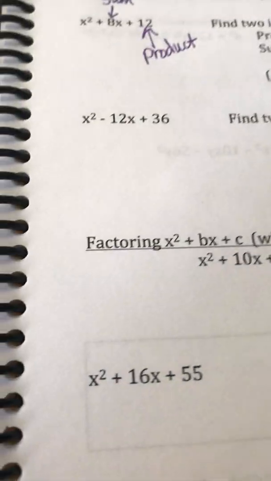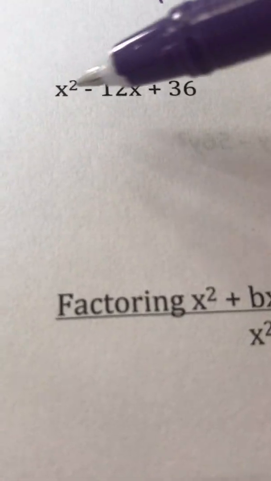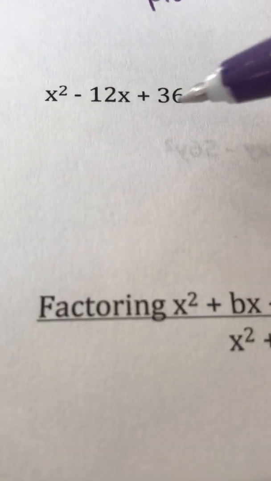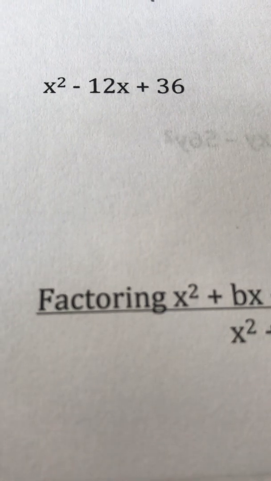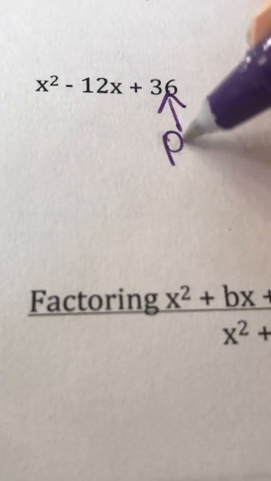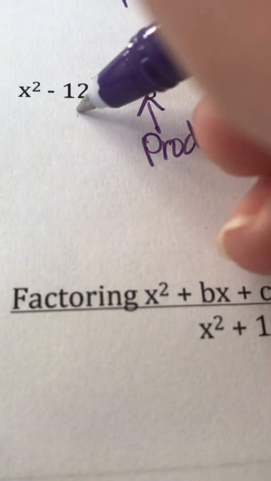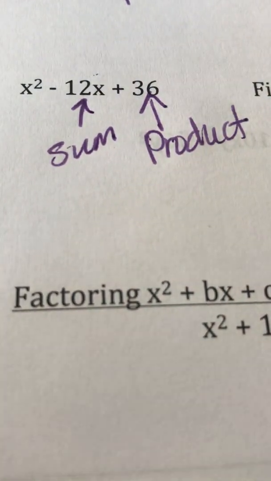Okay, now let's look at the next one. Now if you notice, this one's a little bit different. Here we have x squared. Our b value though is a negative 12, but our c value is a positive 36. So we still want to have a product of 36, but our sum here is a negative 12.